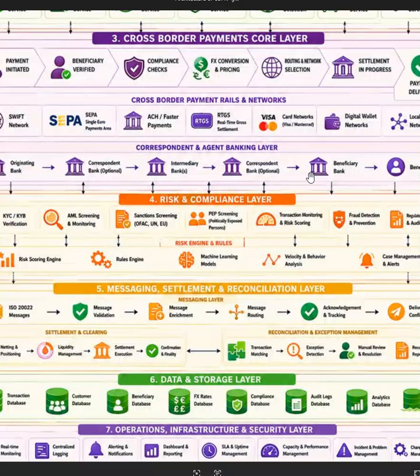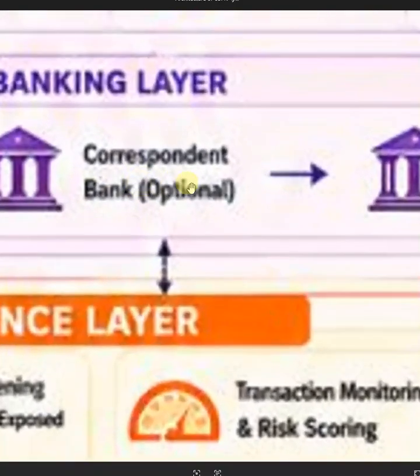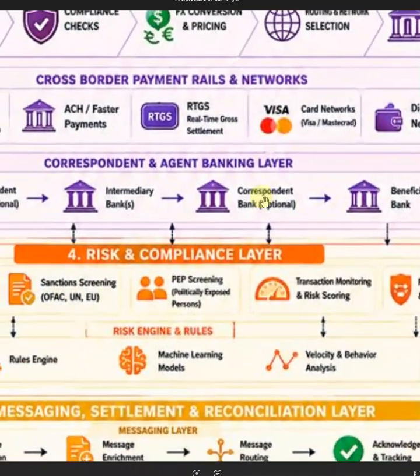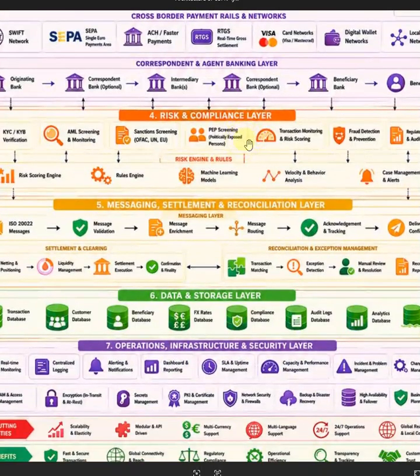So if you are aware of MT103, right, there are correspondents with MT 54, 55, right? So those are correspondents. 53 from the sender side, 54 from the receiver side, and 56 is the intermediary bank, right, which is used here, right? This one. So there is a separate course I designed for the same, which maybe we can go through also. Then the risk and compliance layer.